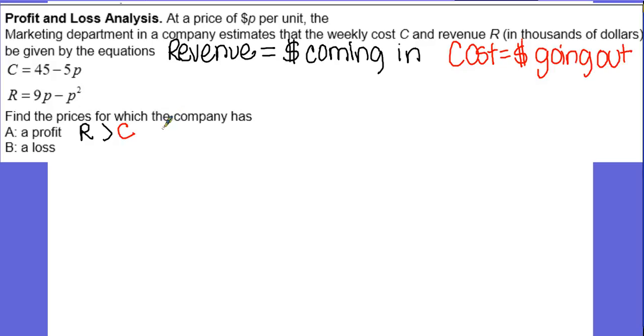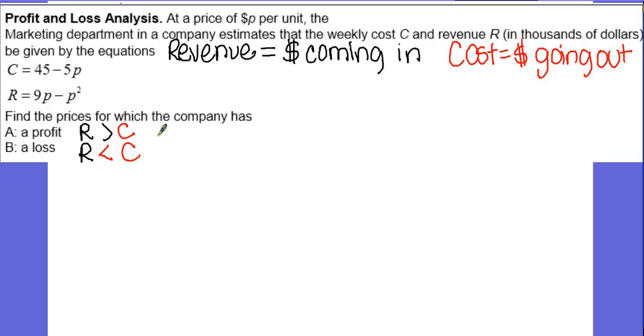More money in than money out. Switching back to my black pen again, a loss is when my revenue is less than, switching to red, my cost. So you can see my two inequalities there.